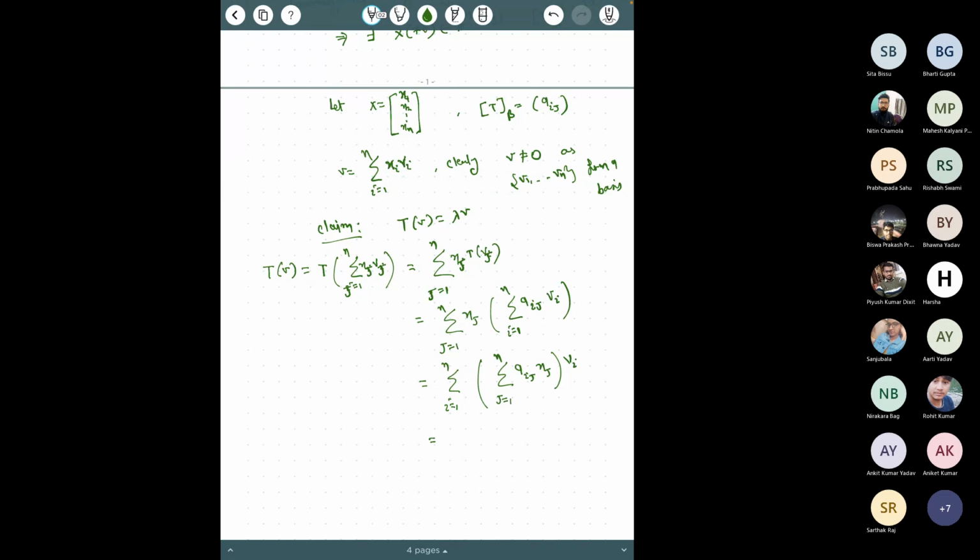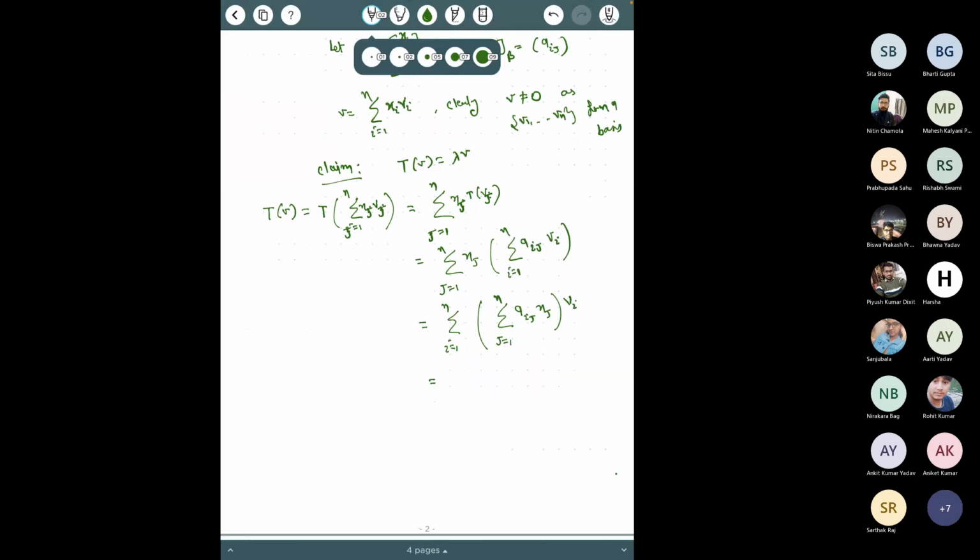The sum over j equal to 1 to n of aij xj is simply lambda xi, without the summation over i. So the inner summation is equal to lambda times xi.